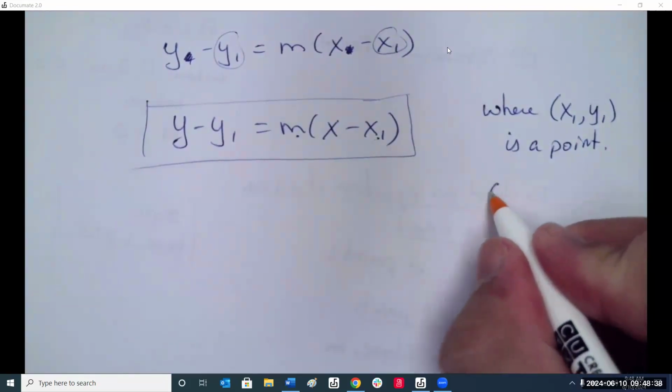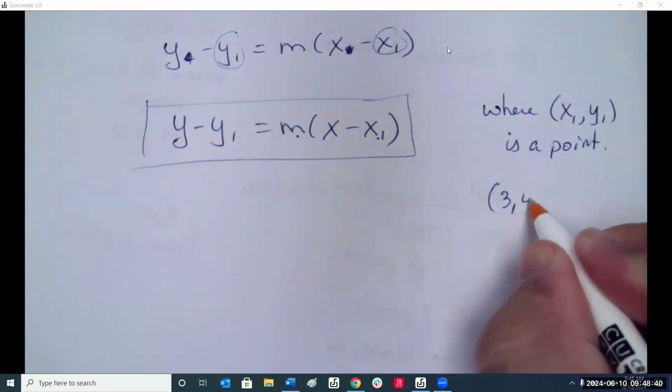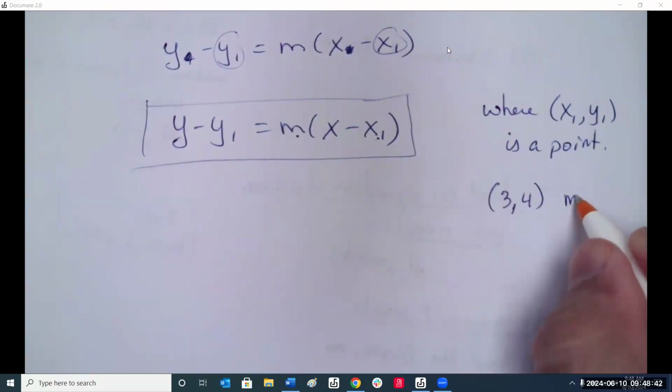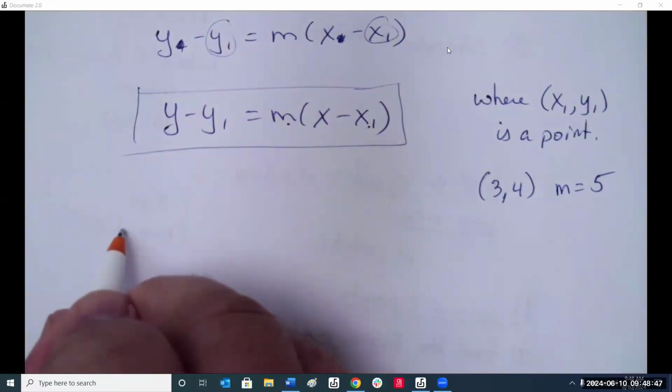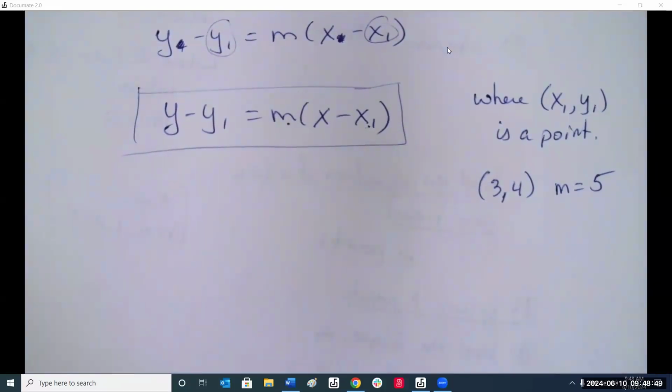So let's pretend our point is 3, 4 and our slope is 5. So how would we write our equation if we're given this information?